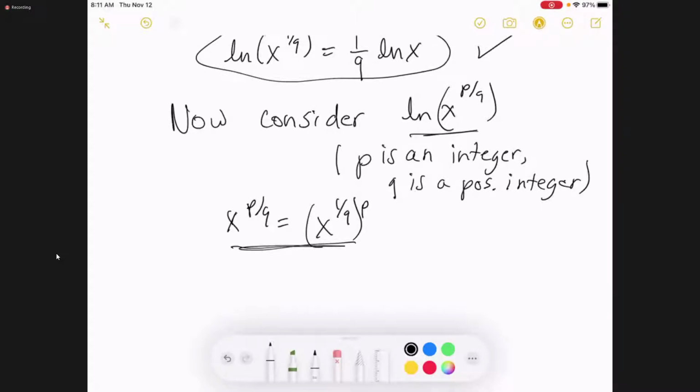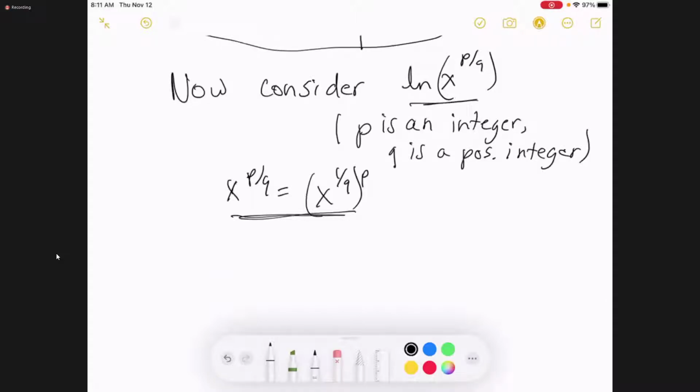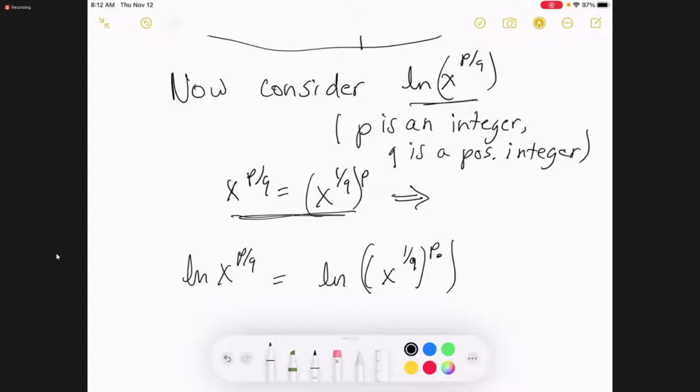And that means that ln of x to the p over q is equal to ln of x to the 1 over q, all raised to the p power. P is an integer, we already proved that the rule works for integers, so I can pull that p down.